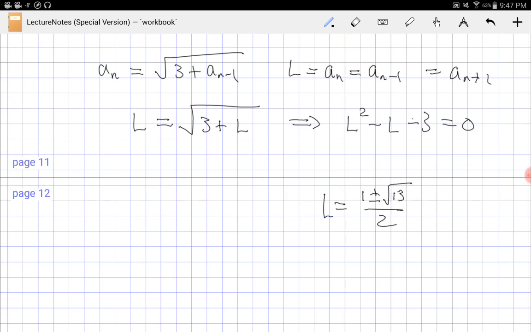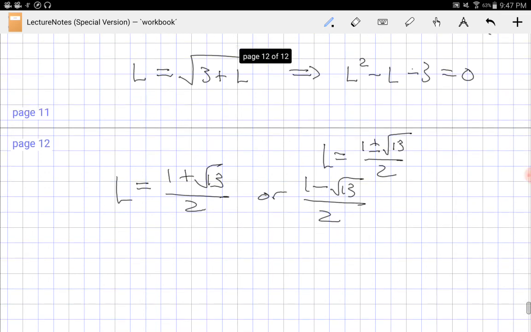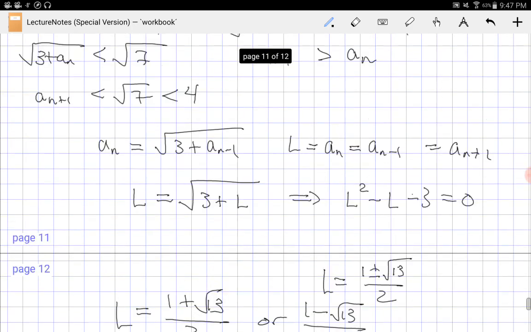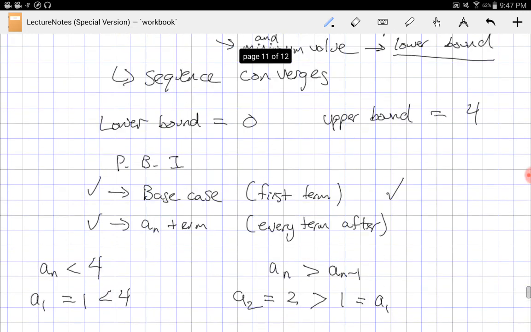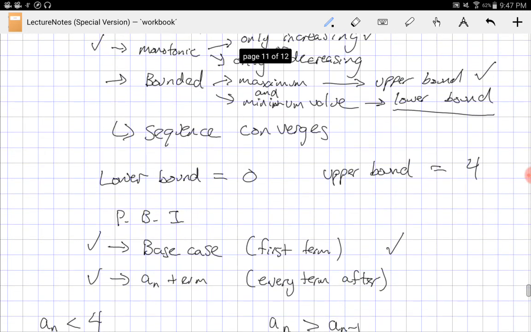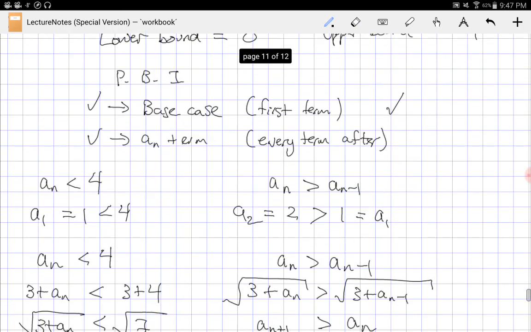Now we have two values for L. We have L equals (1 plus the square root of 13) over 2, or (1 minus the square root of 13) over 2, and we know that this is a negative number. But we also know, from the exercise left to the viewer, that we had proven that our lower bound is equal to 0.